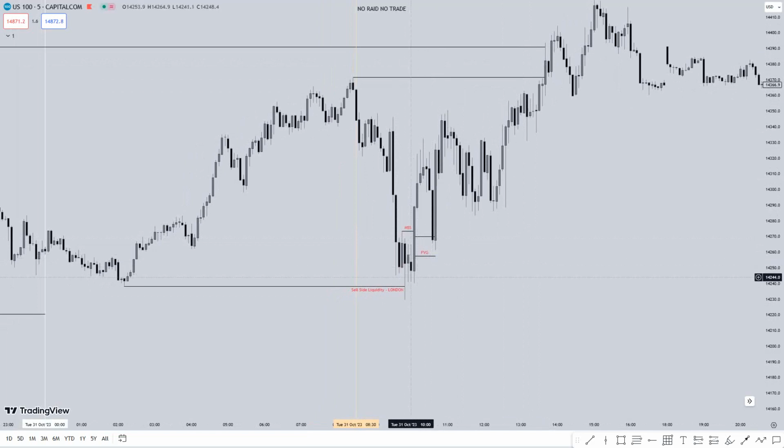So if you're trading price on the 5-minute and not the 1-minute, like I said, we do have a high here which got violated. Yes, we do have a fair value gap, but we also have an order block right here, so you can also use that as your entry point.